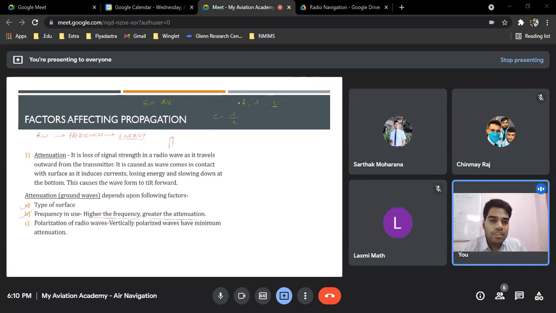Now frequency is nothing but 1 by time. So this formula becomes c equals frequency times lambda. If you want to calculate the frequency, frequency will be equal to c by lambda. This is the most important formula to remember. And about the vertical polarization, it's simple. This is a vertical aerial.